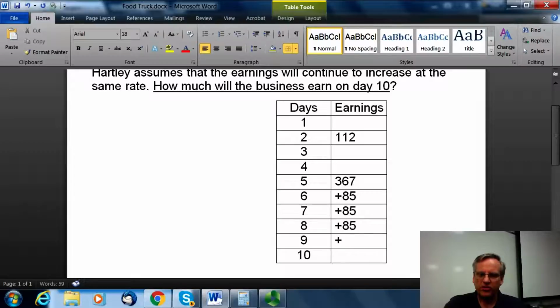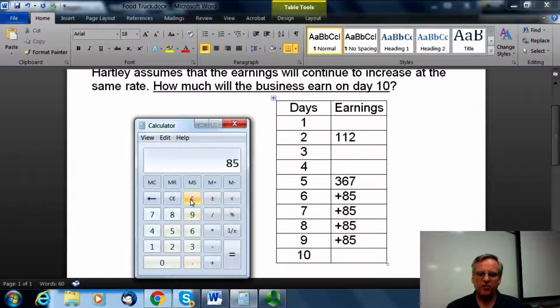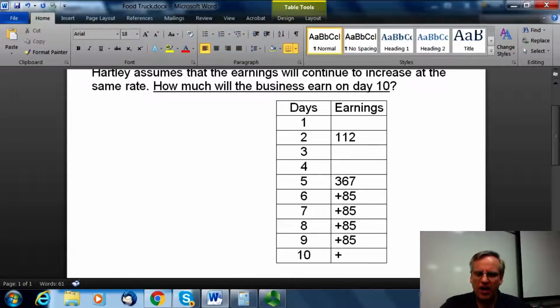So if we added 367 and the additional $85 for all these days, and actually day 10 too, there's going to be an additional $85 increase. So let's see, how many $85 increases is that? 1, 2, 3, 4. There's 5 days between day 5 and 10.